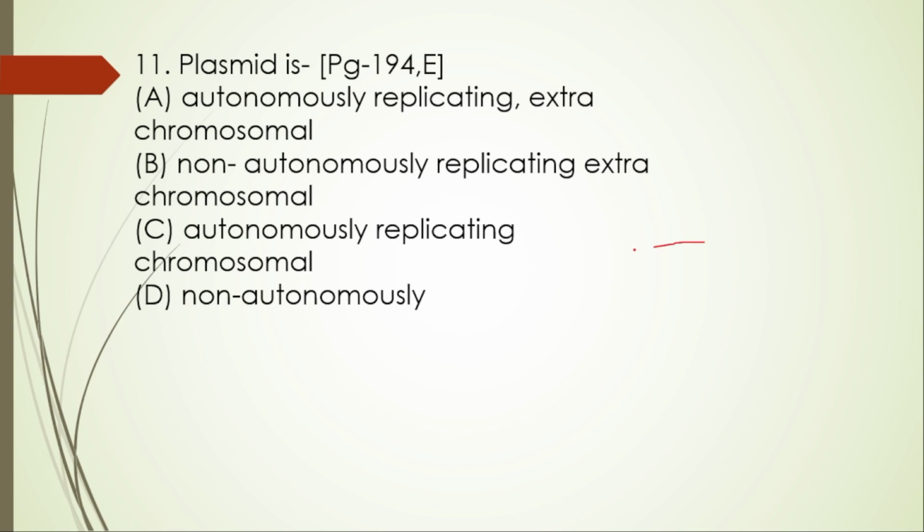If I say this is the bacterial body, and it has its main genetic DNA here, it has one more extra chromosomal DNA which is almost circular, that is autonomous, and autonomously replicating means it can replicate itself. So this one is said to be what? Plasmid. So the right option is A.